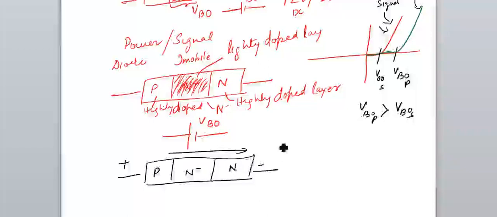But during the turn off condition, this n minus layer accumulates charges, and when it accumulates charges, it does not allow the device to turn off. You can turn on the SCR, but once it is turned on, it accumulates charges, and that is the problem during turn off.